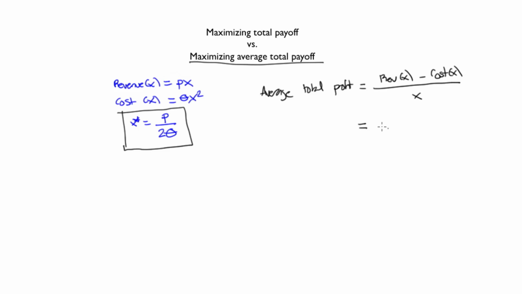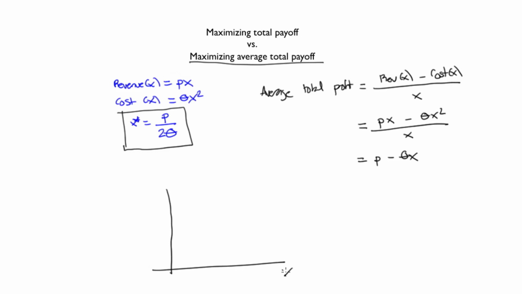That is just substituting the formula as Px minus theta X squared, divided by X, and that is just equal to P minus theta X. Now, if we plot average total profit as a function of the level of output, we're going to get a function that looks like this, that crosses here at P and crosses here at P divided by theta.